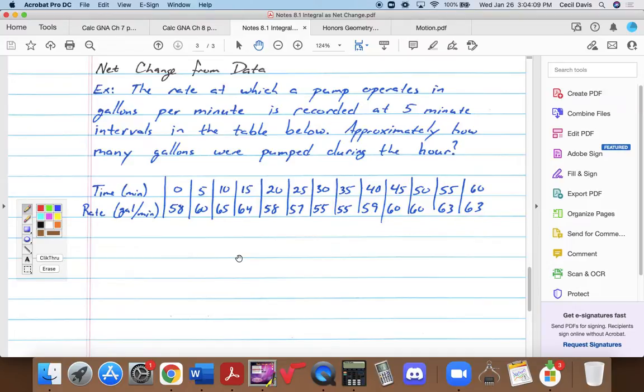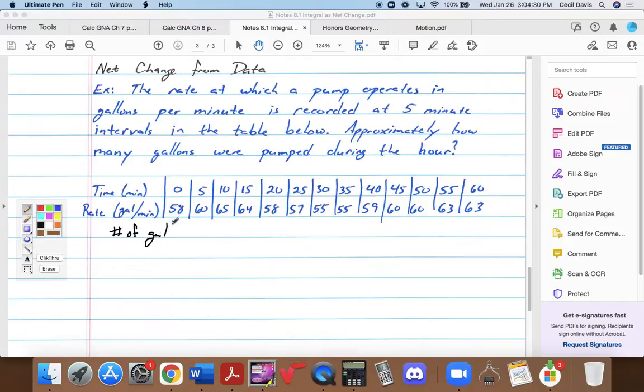Net change from data. So here, the rate at which a pump operates in gallons per minute is recorded at 5-minute intervals in the table below. Approximately how many gallons were pumped during the hour? Well, the exact number of gallons would be the integral from 0 to 60 of R of t dt, where R of t is the rate.